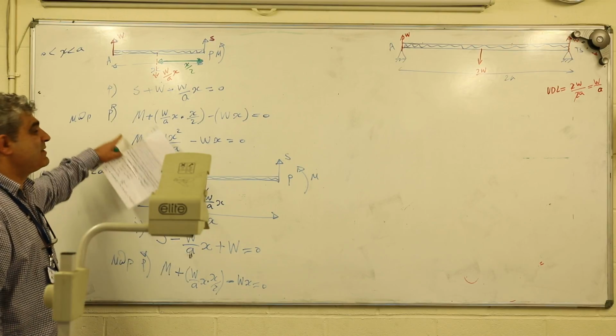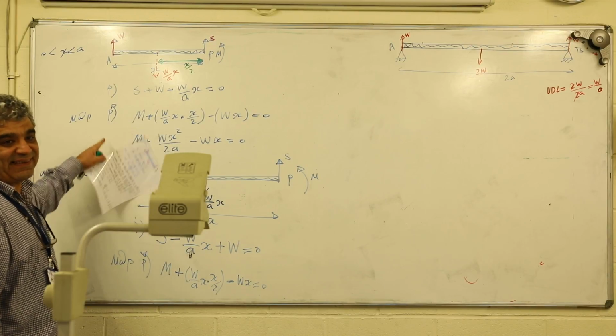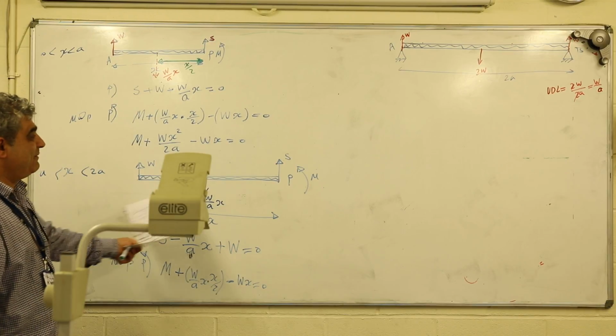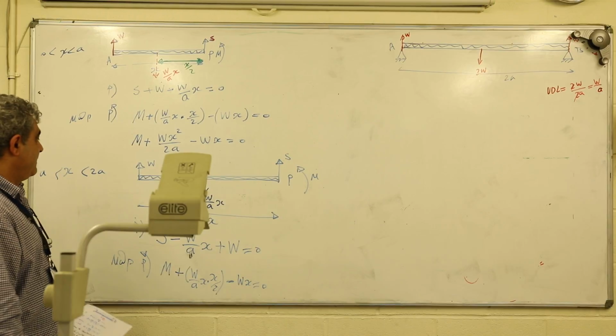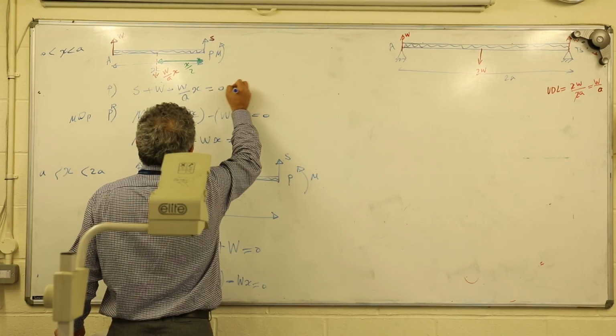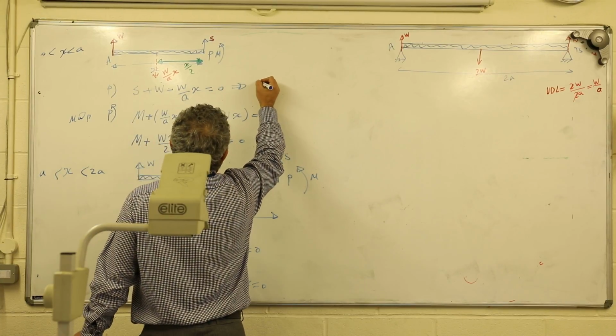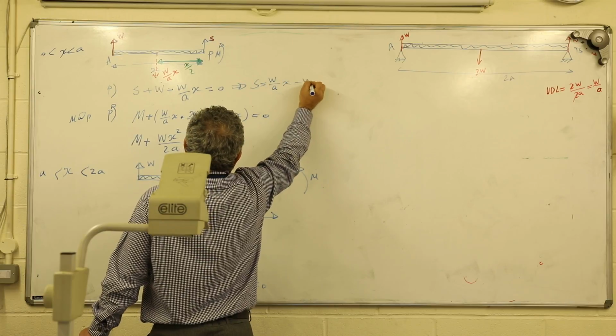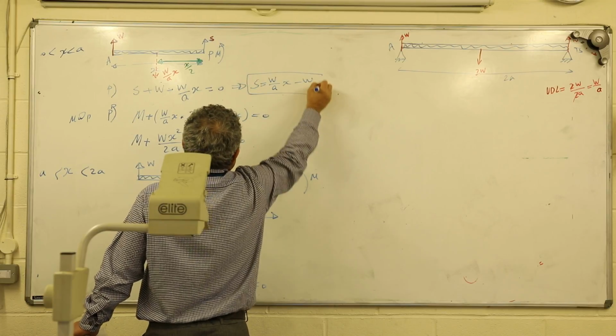Look at that. These two equations are almost the same. Just the range is different. This one I took for half of the beam, this one I took for almost the end of the beam. Okay? I want to tell you why I said it was right. S is equal to W over A times x minus W. That's the one equation, yes?